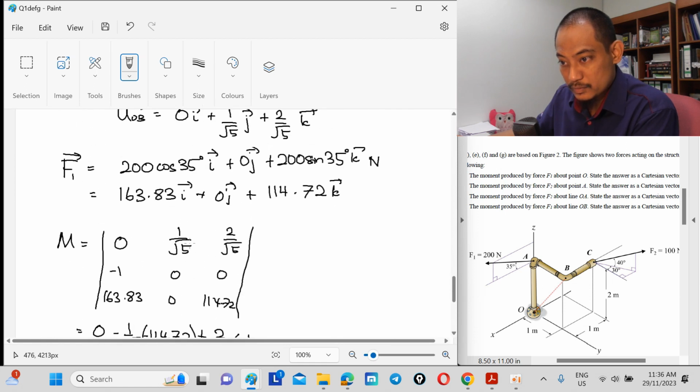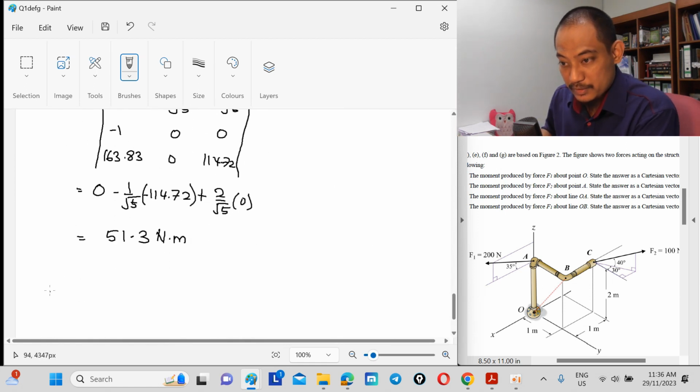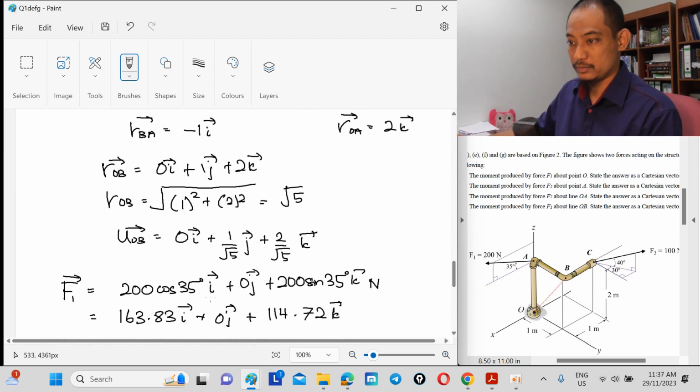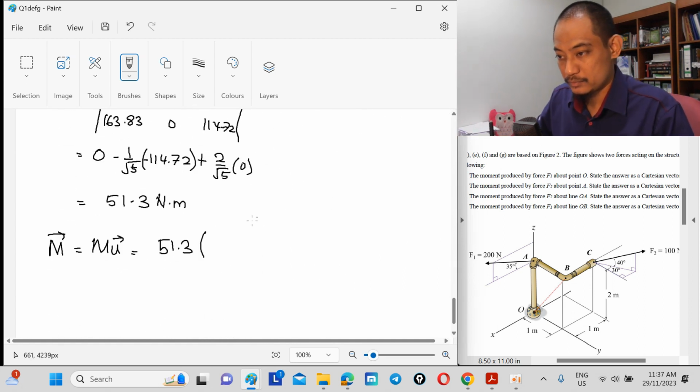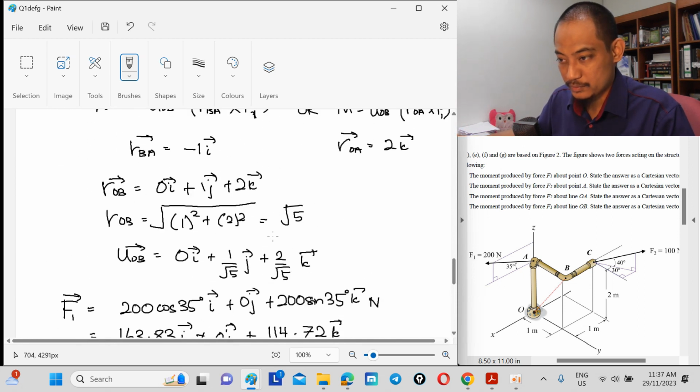Okay, my brain is so slow. So 51.3 times the unit vector of, what was it, 1, 1?